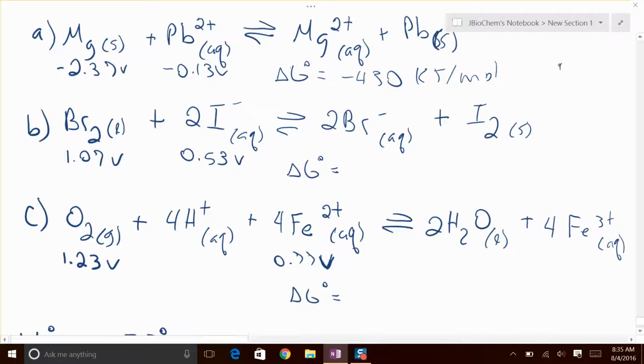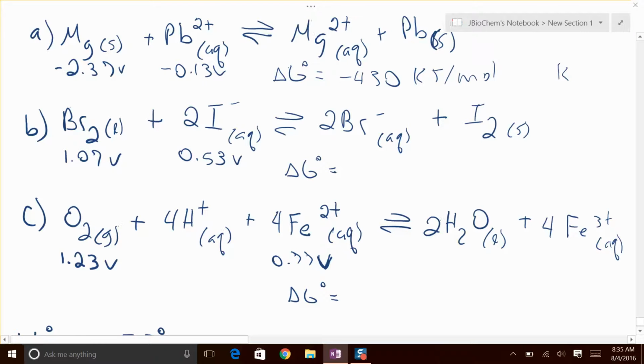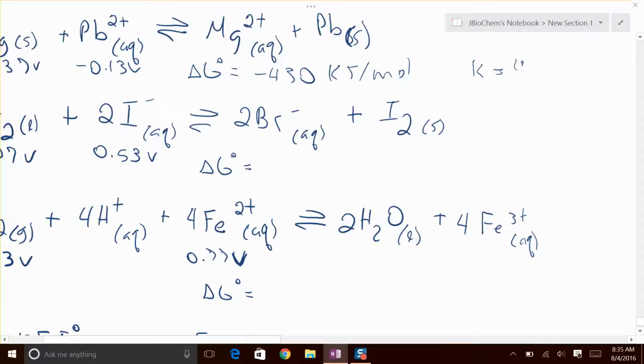What'd you guys find for your K? I got 4.74 times 10 to the 75th. What do we use there?